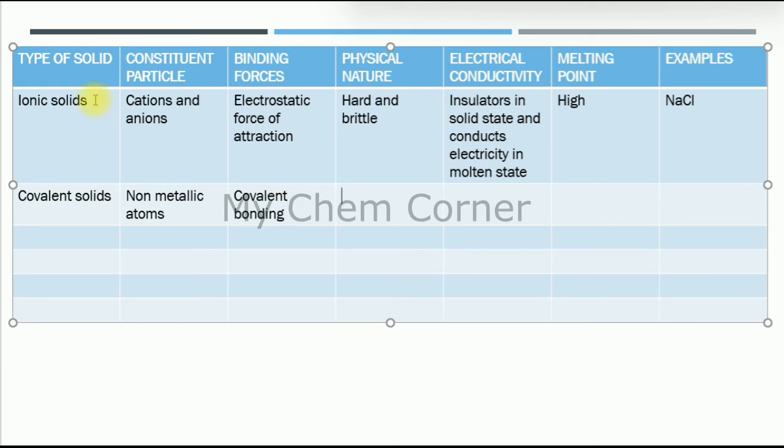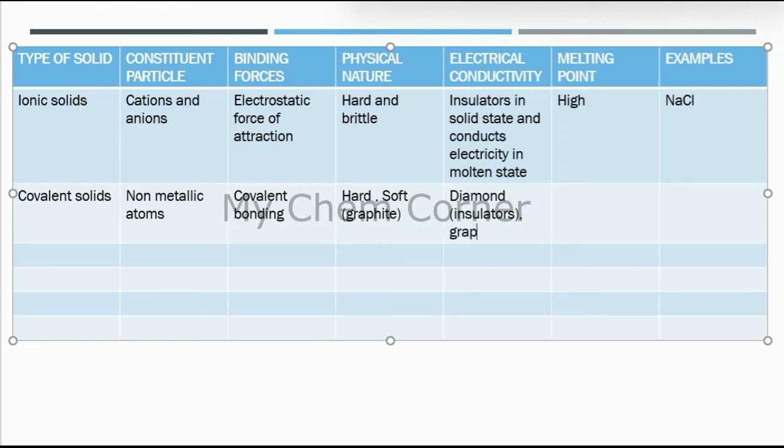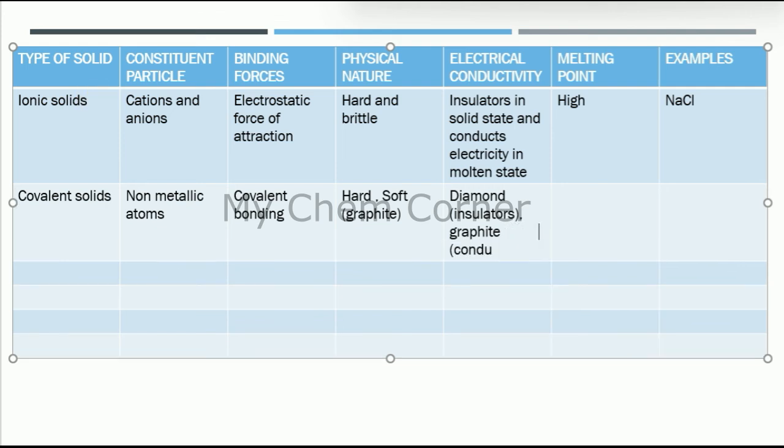Physical nature here was hard, and soft in case of graphite, which is an exception. The electrical conductivity here, in case of compounds like diamond, they were insulators. But when you had graphite as an example, which is an exception, they were conductors.